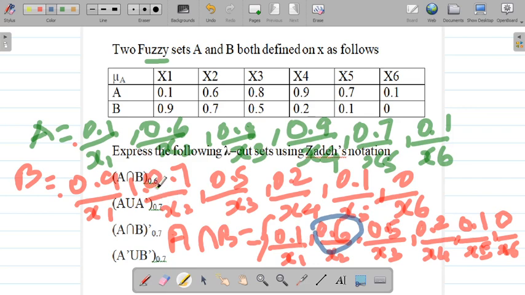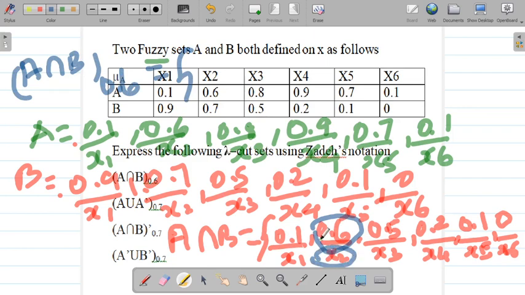So we can write the answer: we are going to write the variable name only. So A intersection B lambda 0.6 equals x2.